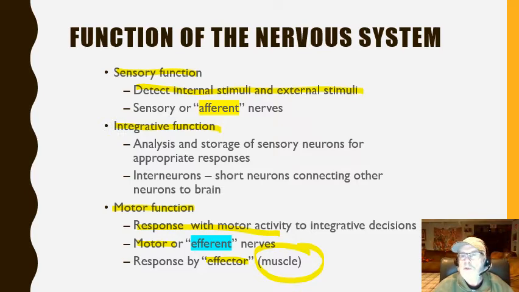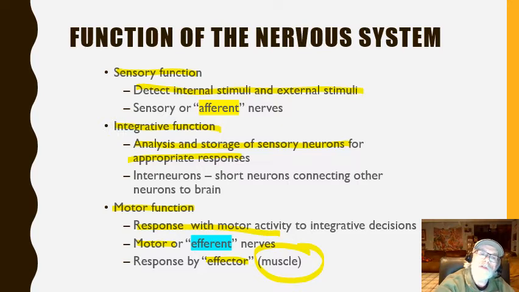When we talked about homeostasis, if something is out of whack, this sends a signal to the brain, and certain areas of the brain, particularly the hypothalamus, have neurons that interpret, is this right or is this wrong? If it's wrong, it sends out a motor response to do something to make a change. So this is integrative function: analysis and storage by neurons for an appropriate response out by an efferent nerve that will cause some type of effect.